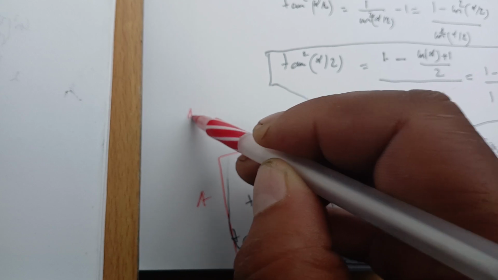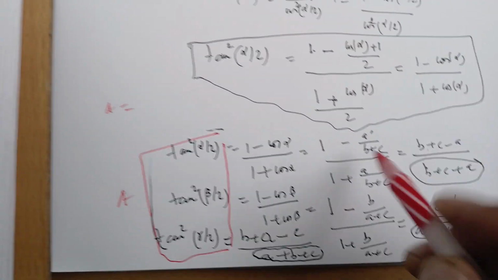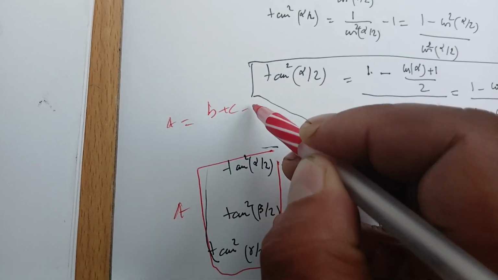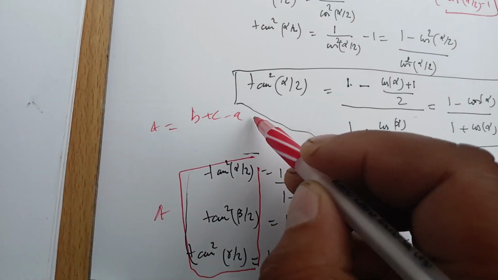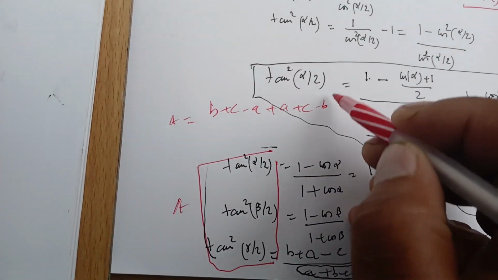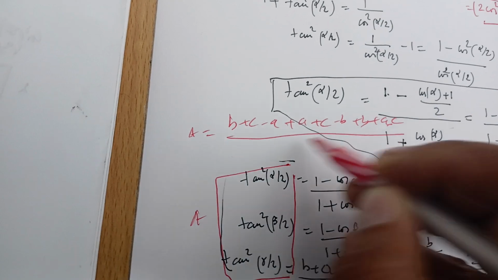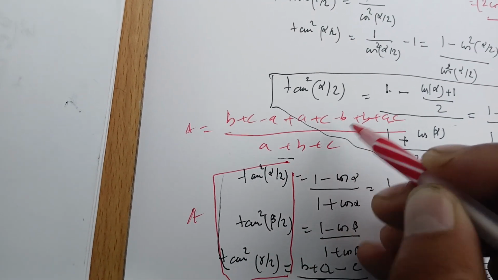So a is gonna be, the first one here is b plus c minus a. The second one is plus a plus c minus b. The last one is plus b plus a minus c over a plus b plus c.